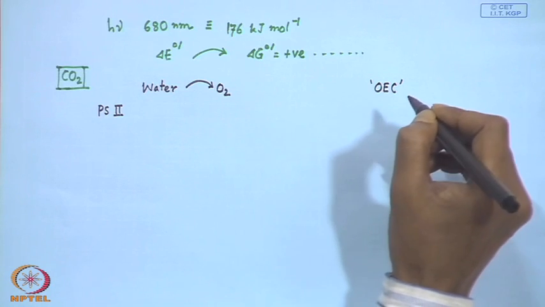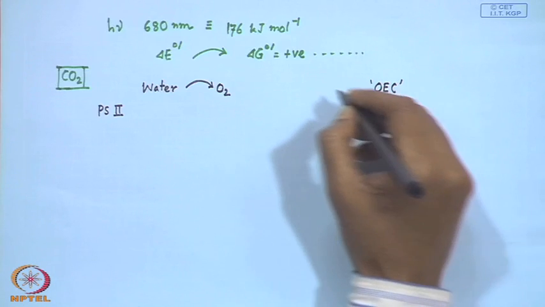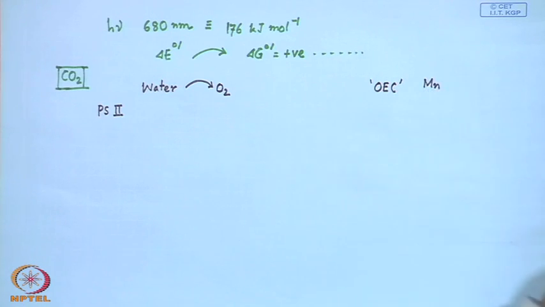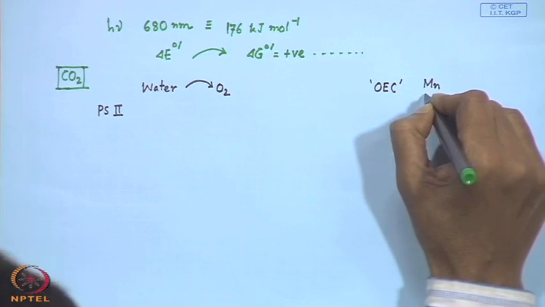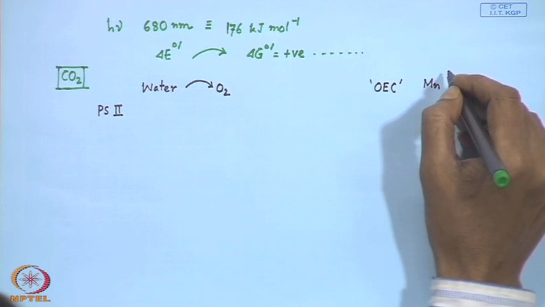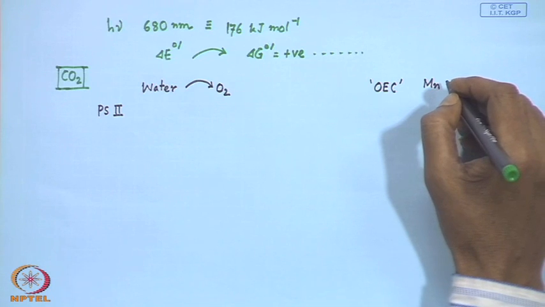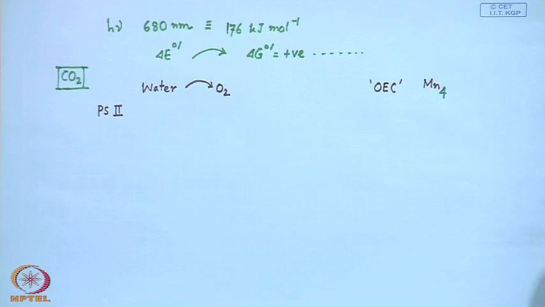So, this 4 one-electron step is required, and we are consuming water, and analysis of metal centers, because it is very easy to know how people discovered that magnesium is present in chlorophyll and manganese is present in photosystem II. So, it is the manganese analysis. Any manganese analysis technique, it can be a spectroscopic technique also, identification of manganese from its corresponding atomic form will tell us that this is basically a tetranuclear manganese.